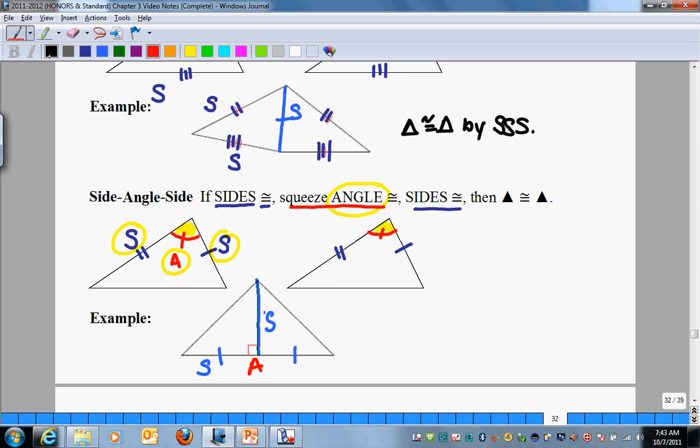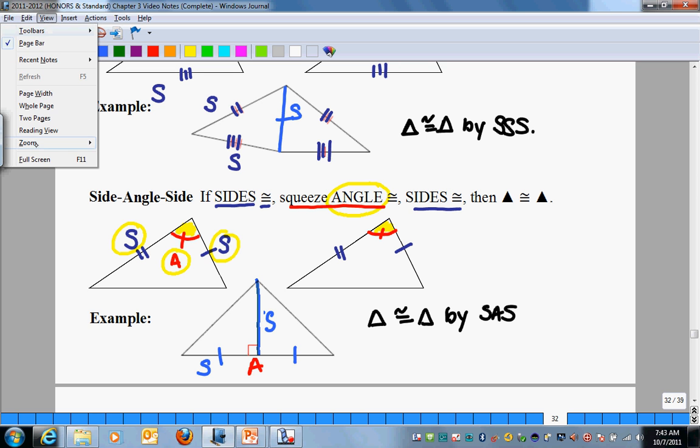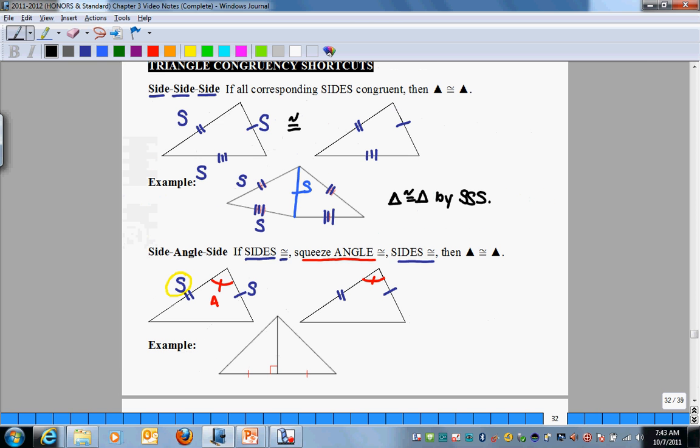So we can see that these two triangles are actually congruent by side angle side. So our two shortcuts we have so far are side, side, side and side angle side.